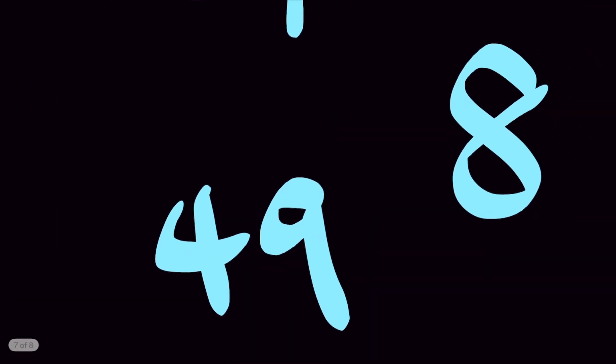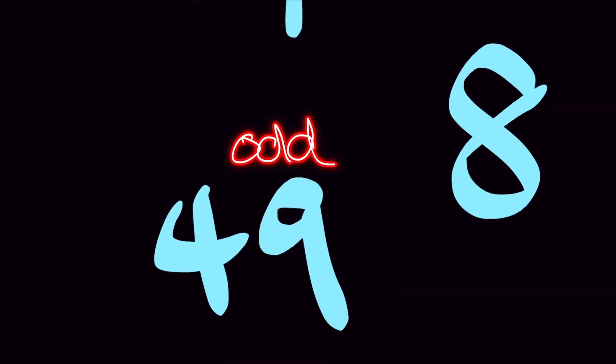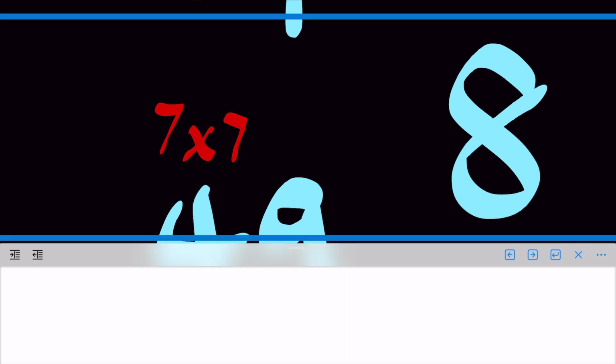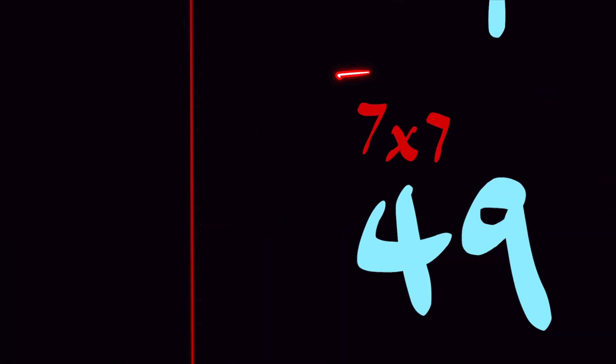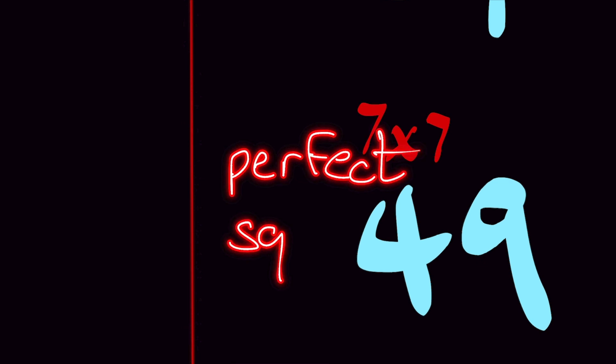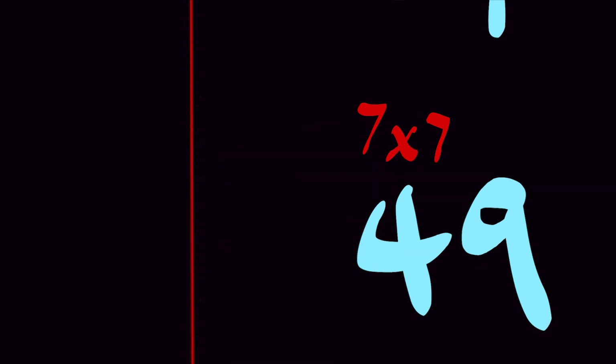I'm not even going to list the factors. 49 is odd, so it's possible. But then I remember 7 times 7 is 49. It's a perfect square, which means that 49 is not prime. It's a composite number. I'm going to have 1, 7, and 49 as the factors.